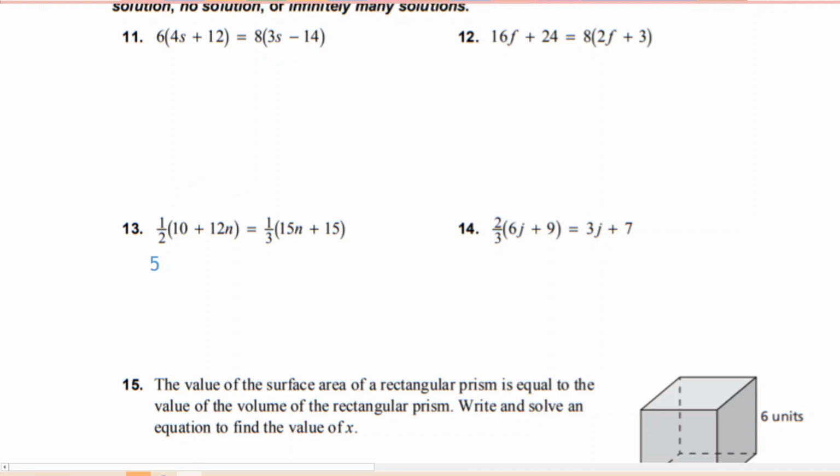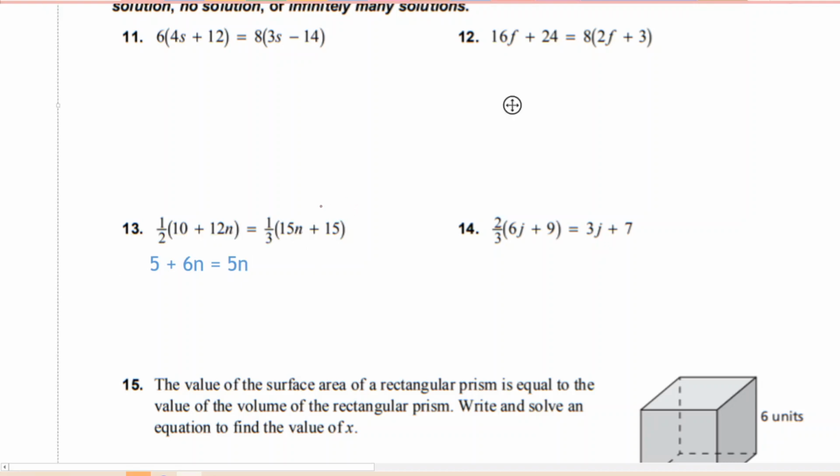So we're going to get 5 plus 6n on the left side. Now what is that equal to? Now on the right side, we're going to have to distribute as well. 1/3 times 15. That's the same thing as 15 divided by 3. 15 divided by 3 is 5. So this is 5n on the right side.